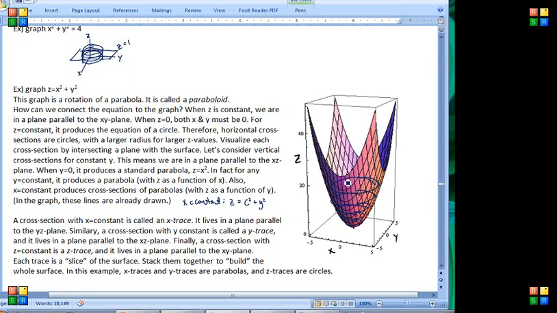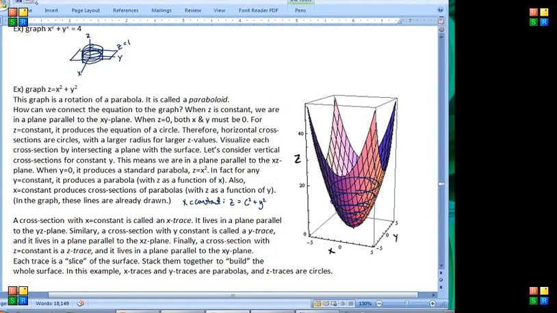And when I'm talking about this, I'm talking about it in an informal way. Informally, we're thinking of how we can visually analyze this three-dimensional surface. So one way is to think of all these z traces, which are circles, stacked up in this way that gives a paraboloid.